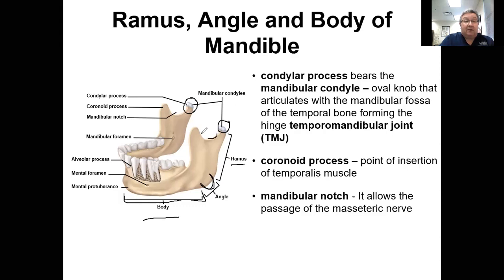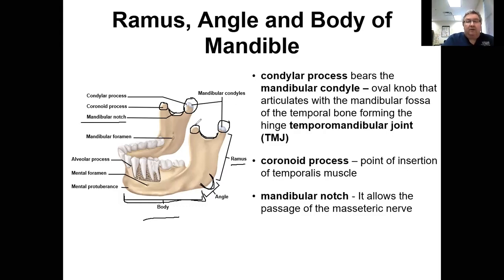In between the mandibular condyles and the coronoid process is this hooked area on both sides. These are the mandibular notches. You will need to know that. And finally, this blunt area right here at the end, those are the coronoid processes of the mandible. You will need to know that.